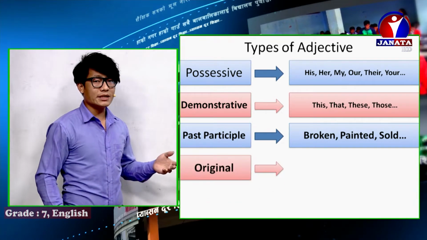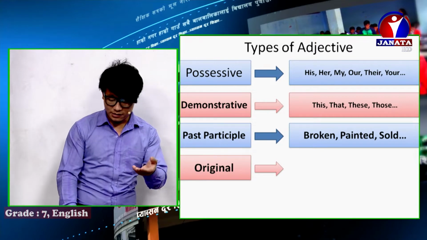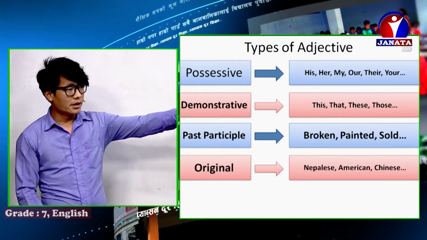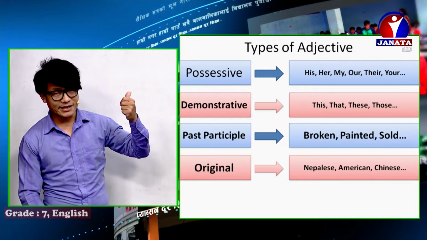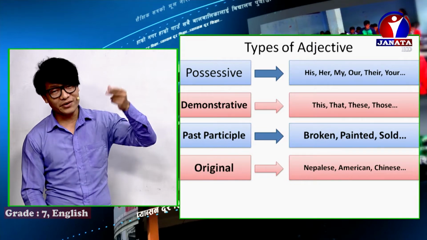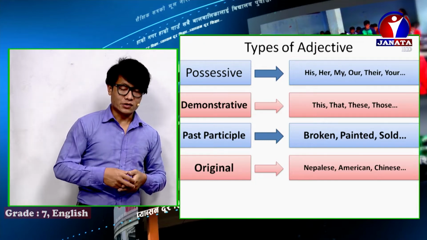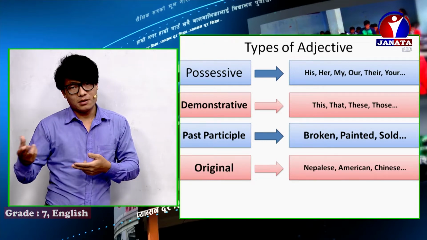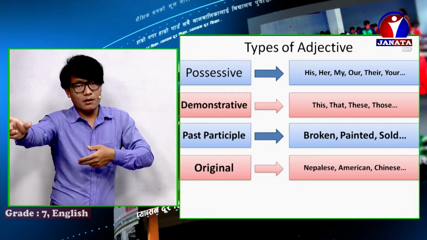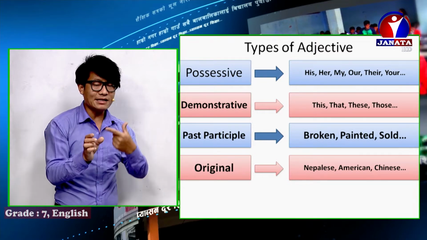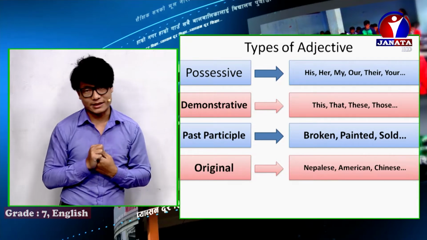Next is the original adjective. Original talks about, like, you can see the example: Nepalese, American, Chinese, Indian. So like Nepalese people. People is a noun, and Nepalese is there as an original adjective.